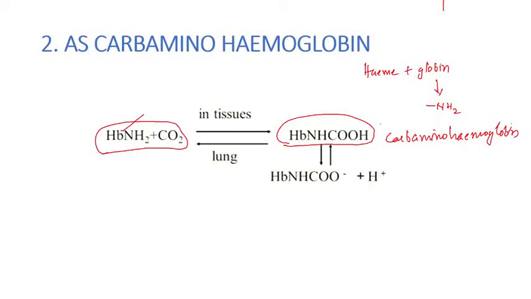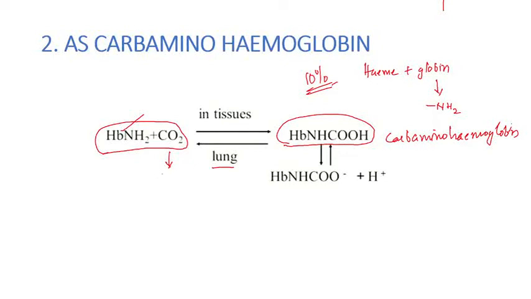So in tissues, the carbon dioxide readily combines with the amino group from the globin part and forms carbaminohemoglobin. Carbon dioxide is transported as carbaminohemoglobin through the blood, and only 10% of the carbon dioxide is transported in this manner. Now, when the carbaminohemoglobin reaches the lungs, the reverse of this reaction takes place. That is, carbaminohemoglobin easily dissociates into free carbon dioxide, and the amino groups are now free.